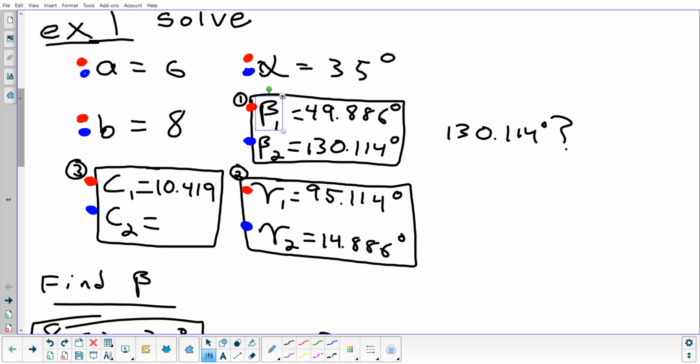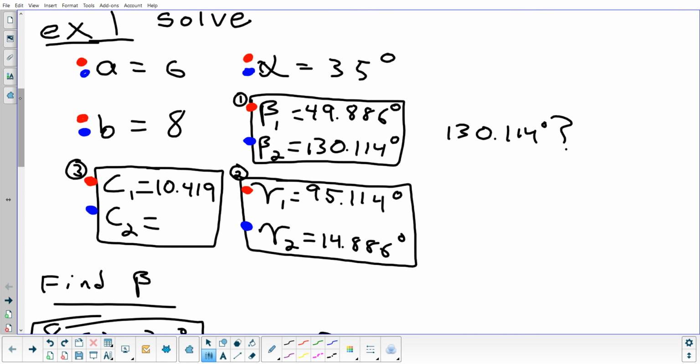Okay, C2, that is a blue side. So can somebody give me a blue row that is complete that I can fill in? Babe, you see a blue row that's complete? Yeah, A and alpha again.